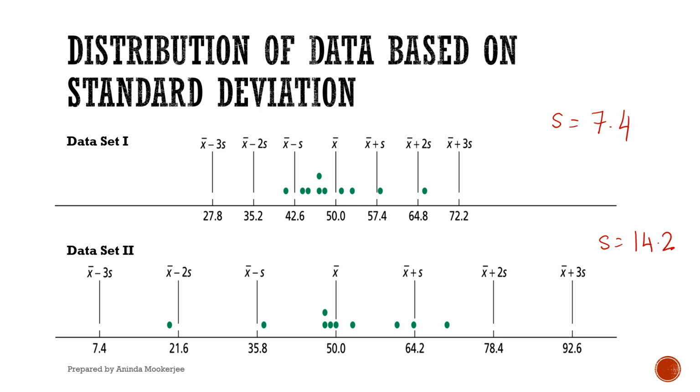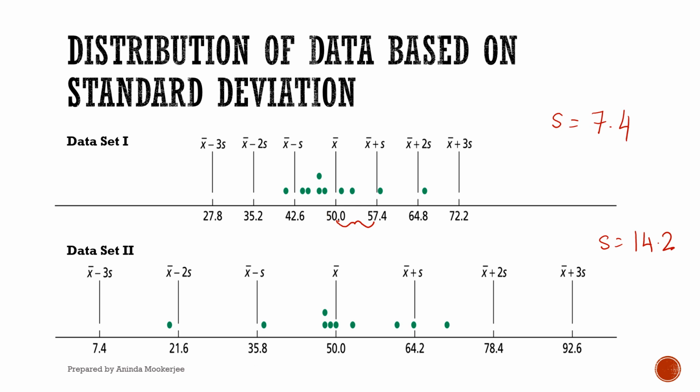All right, and they have scaled the horizontal line showing the mean at the center and then adding the standard deviation values. So this distance here on the right hand side, which is one standard deviation away, is whatever the mean is plus the standard deviation, right?